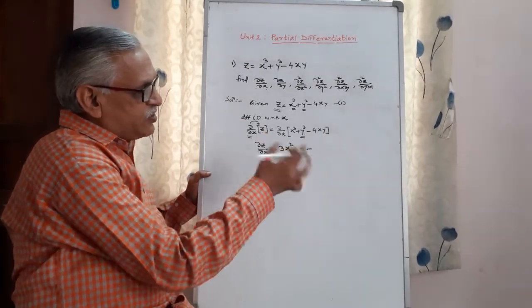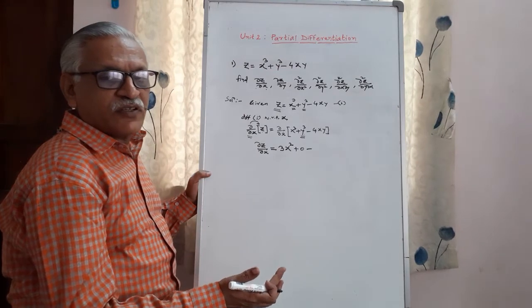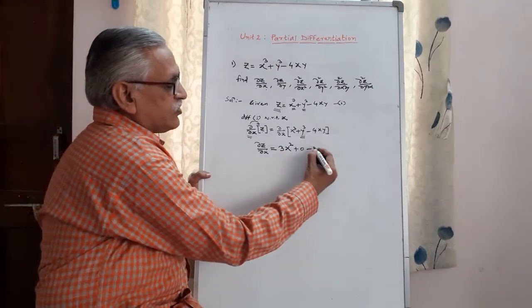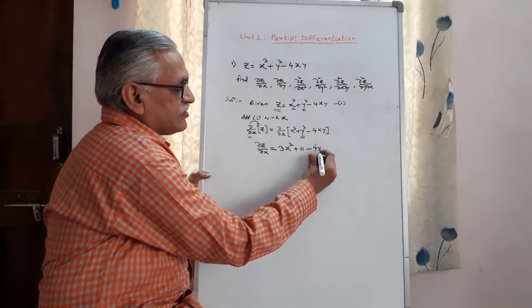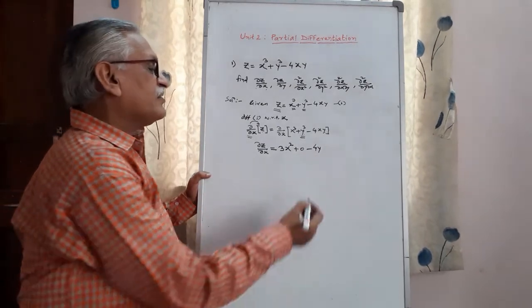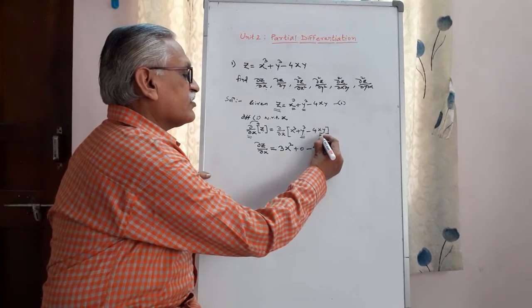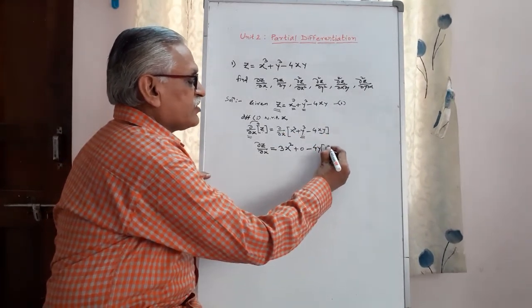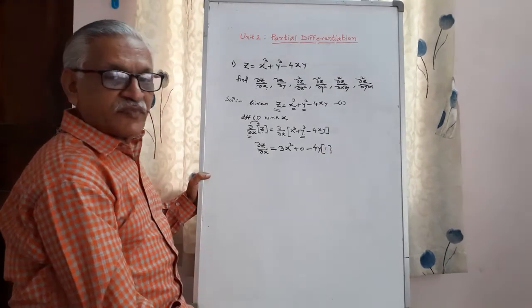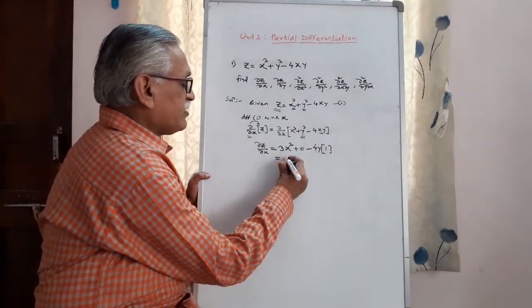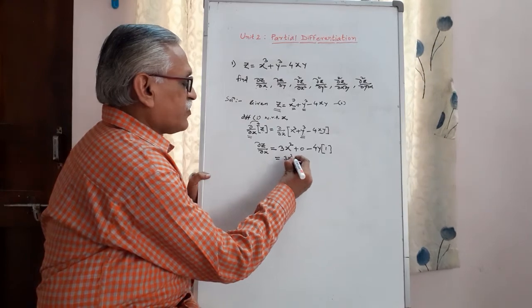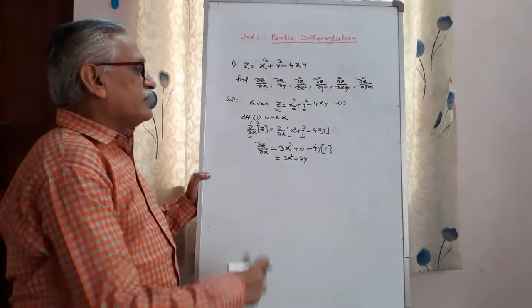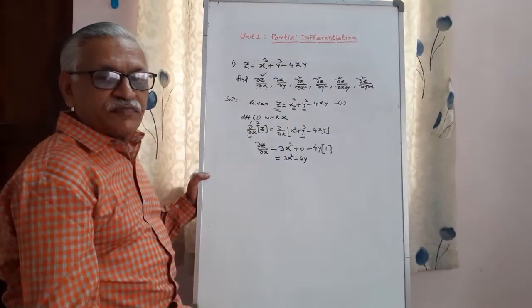With respect to x, whatever the remaining terms, we have to consider as constant. Therefore, 4 is constant, y is also constant. That constant term I will take outside, and the derivative of x with respect to x is 1. Therefore we get that value as 3x square minus 4y. That is the result for the first.